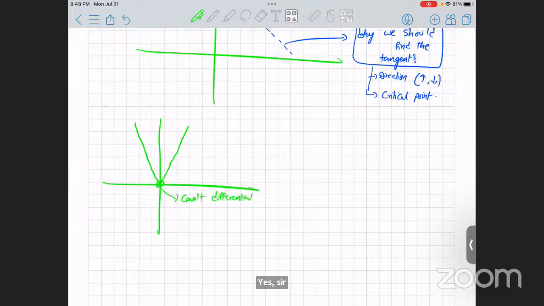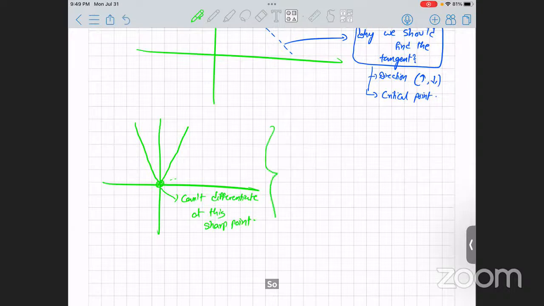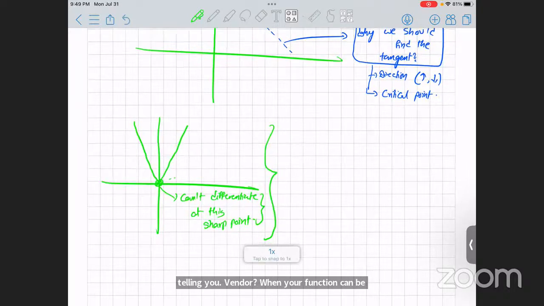There are many tangents at this point, and that's the problem. These tangents tell you when a function can be differentiable or not.